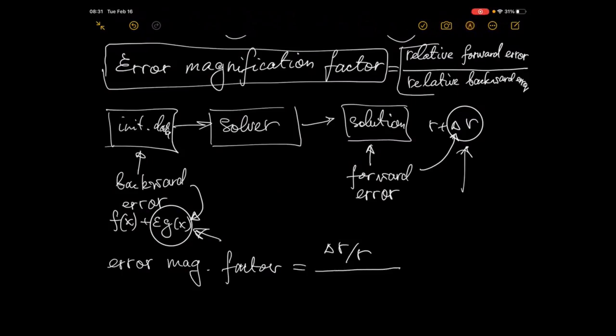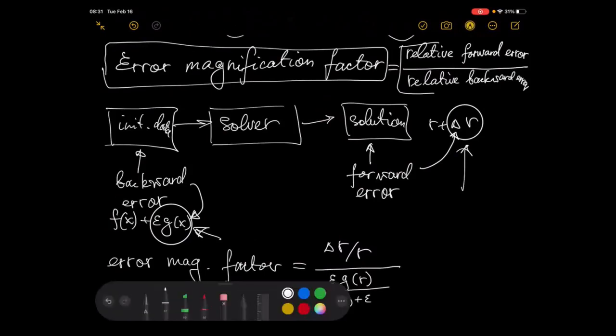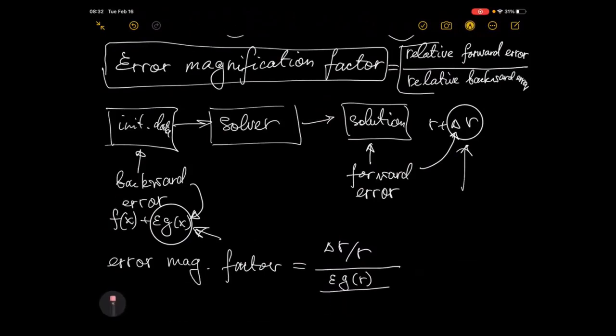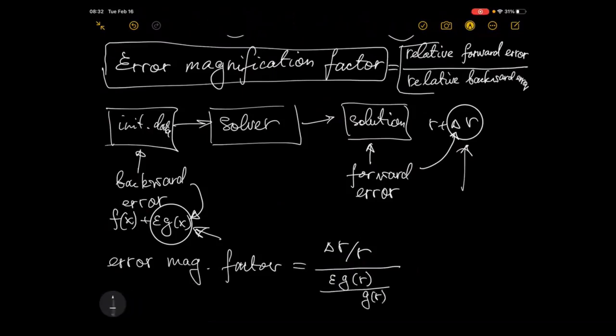And the relative backward error is essentially epsilon G of R divided by, you can write it as, F of R plus epsilon, divided by G of R. But what will it give us?